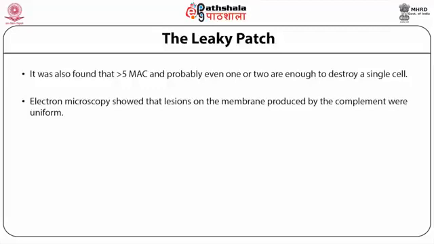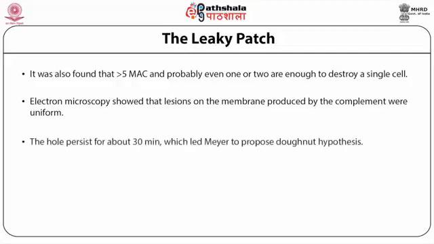In fact, the size of these lesions varies from species to species. While guinea pig complement produced 8.5 to 9.5 nanometer internal diameter holes, human complement produced holes which were slightly bigger, of 10 to 11 nanometer internal diameters. These holes persist for about 30 minutes.